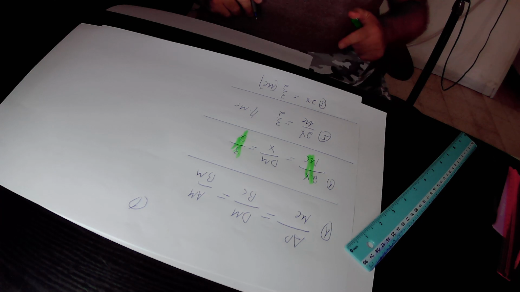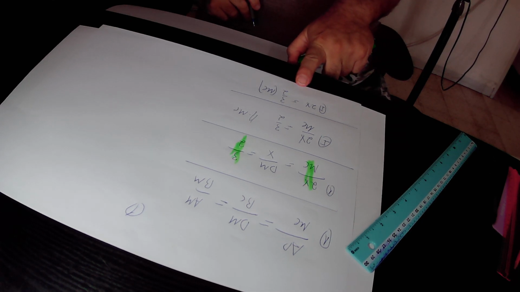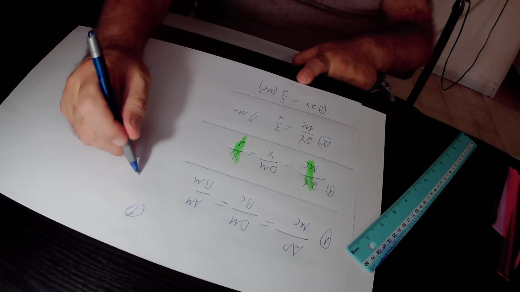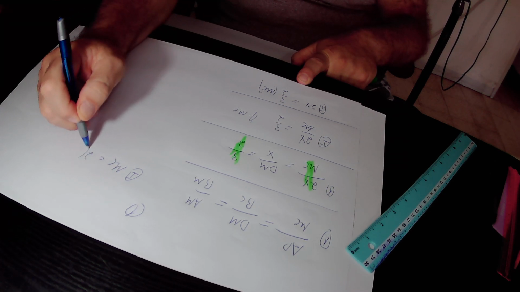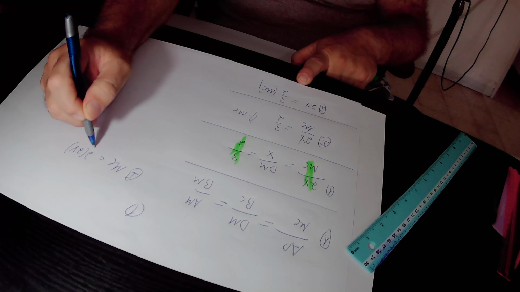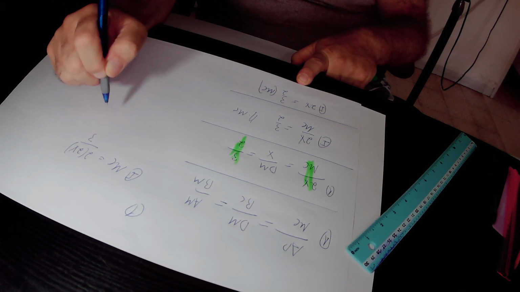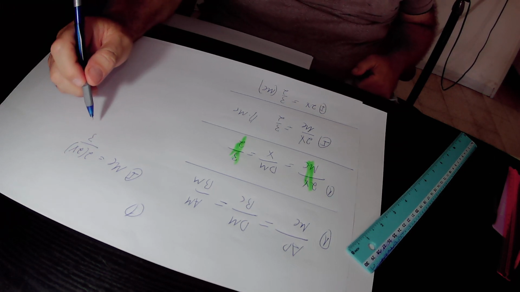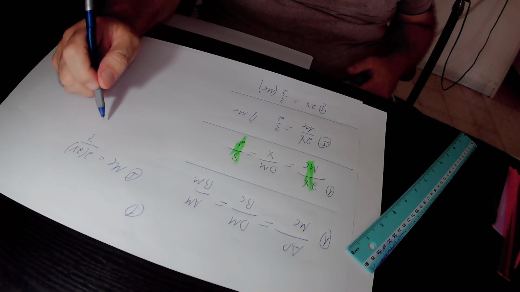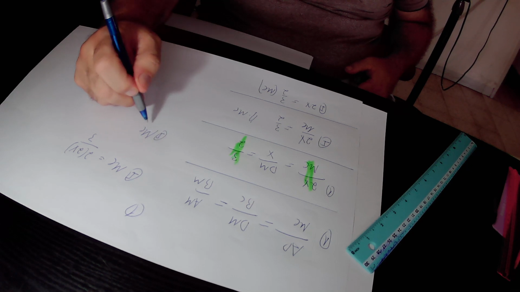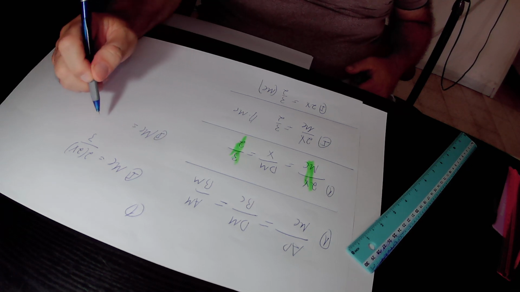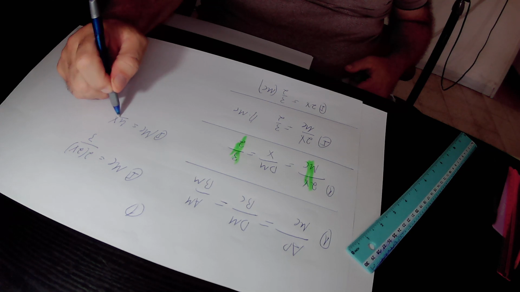Then we multiply this equation by 2 and divide it by 3 simultaneously, and finally we get that MC equals 2 times 2x over 3, which is 4x over 3.